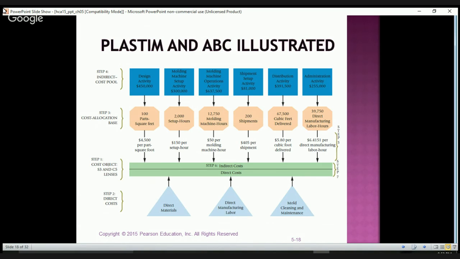And finally, for the administration activities, we're going to base that on direct manufacturing labor hours. There's 39,750. Take that into 255,000, and we're going to charge the lens $6.42 per direct manufacturing labor hour. We're going to add those up with the direct costs, and that's how we're going to get the cost per unit.